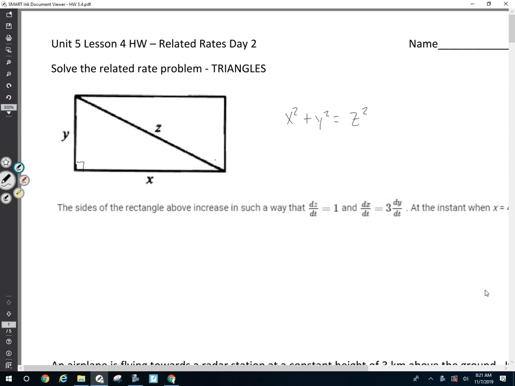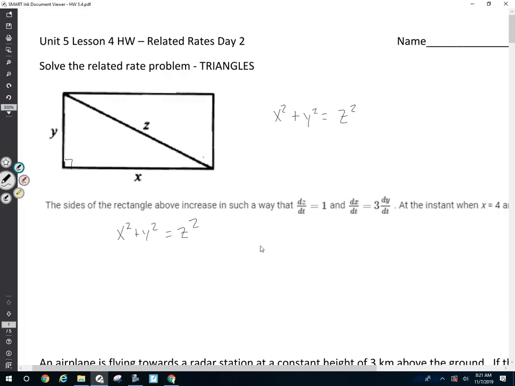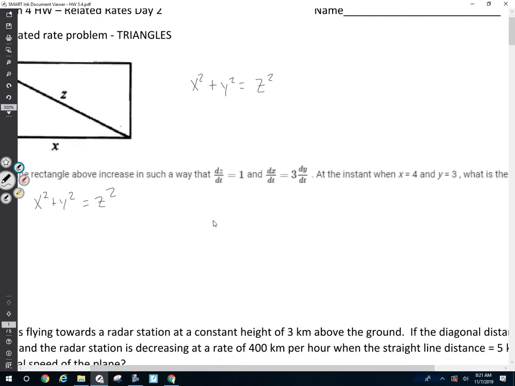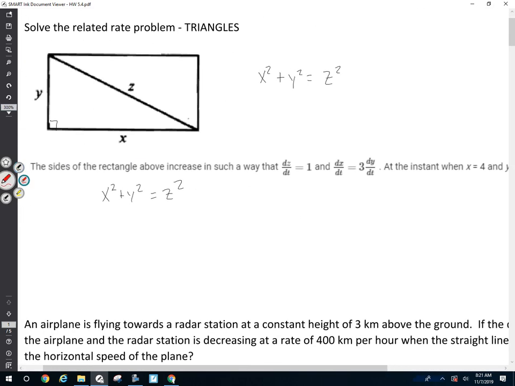Okay, so it starts with your Pythagorean theorem, which is your bringing-it-all-together equation. If there were any fixed values, I would plug them in. There are no fixed values though. So instead, I'm just going to take the derivative of this with respect to t.